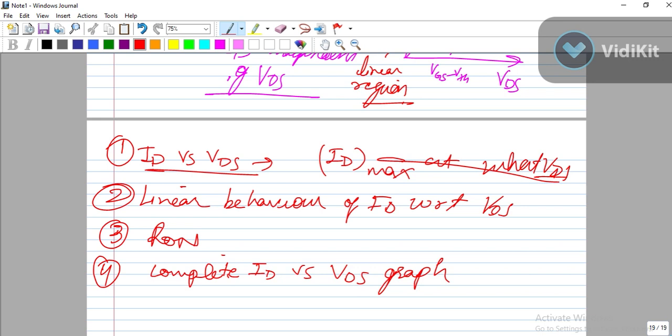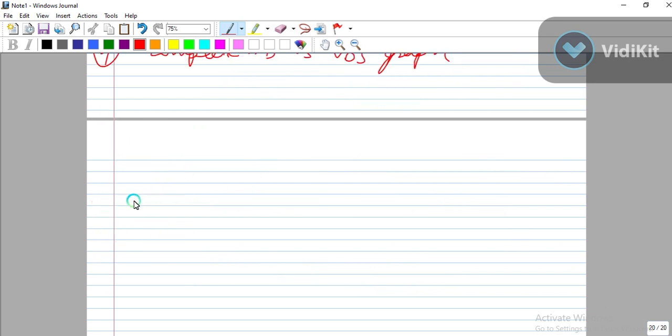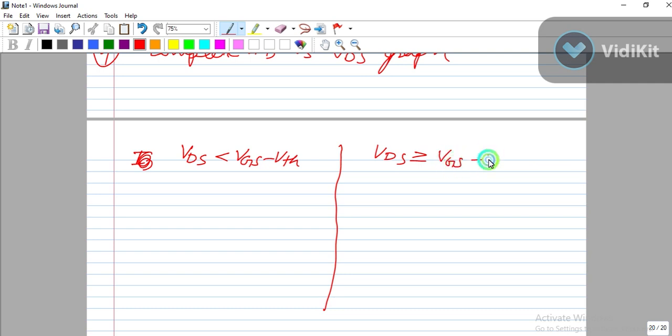Let's see one last thing. What was the equation? One case is when VDS is less than VGS minus VTH, and one case is VDS greater than or equal to VGS minus VTH.